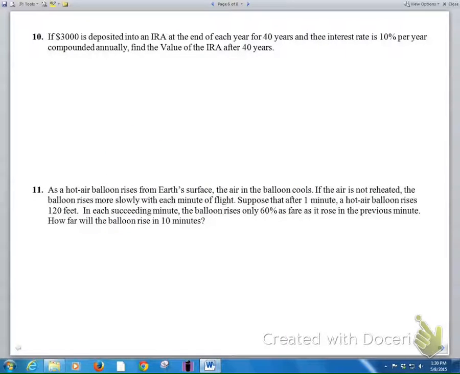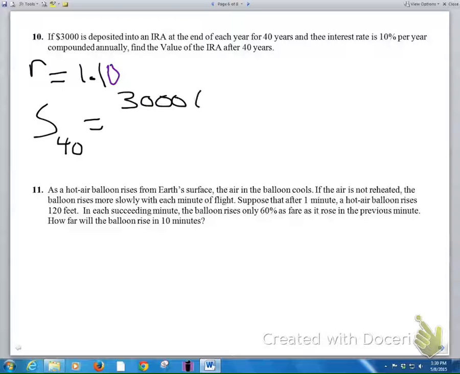Okay, so number 10, you have $3,000 to deposit in the IRS over a 40-year period, and the interest rate is 10%. So remember, your r is 1.10, not 0.10. So 1.1. And it's over a 40-year period. So you're using the same formula because you're adding the sum.